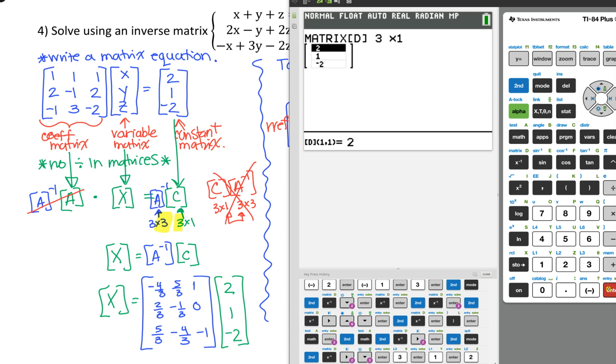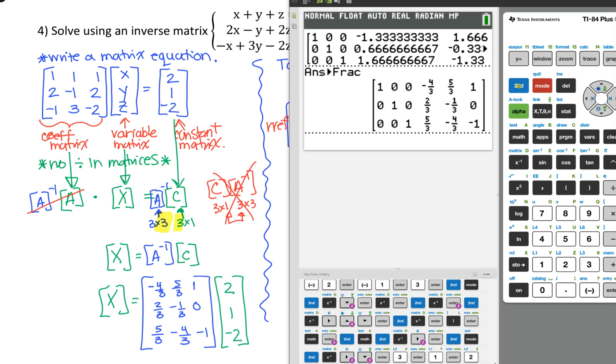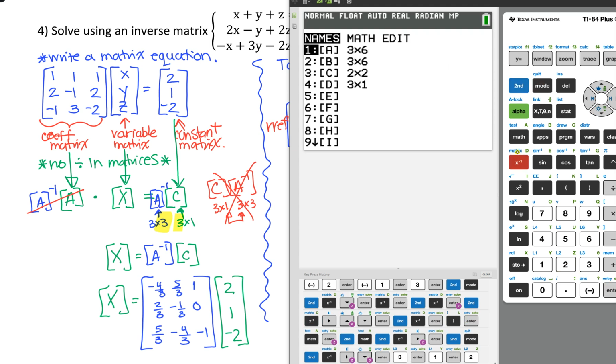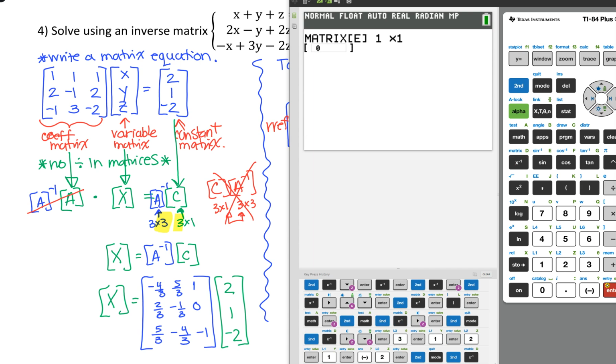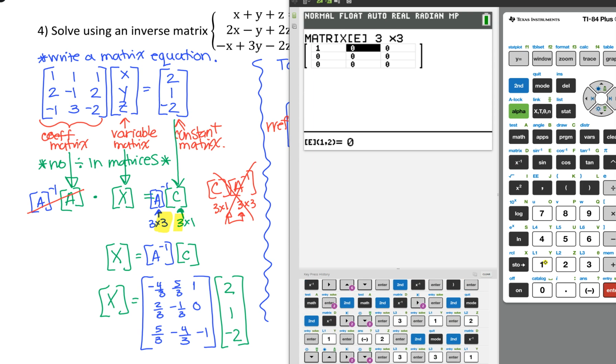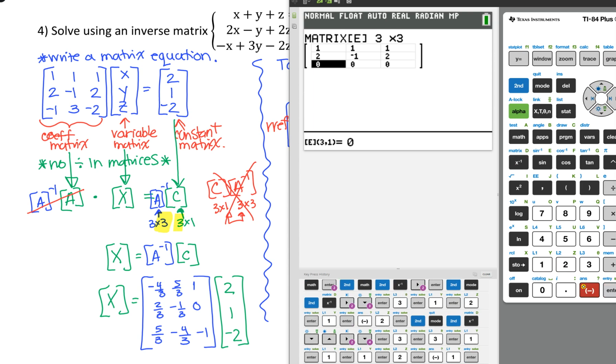Okay, all right, so now I'm going to go to second matrix. I want the inverse of A, which I did not store in here, did I? Nope. Okay, so let me put A in here. I've got to do one more in here, put that as E on my calculator. So A is 3 by 3. And A is 1, 1, 1, 2, negative 1, 2, and negative 1, 3, negative 2. Okay, so there we go.